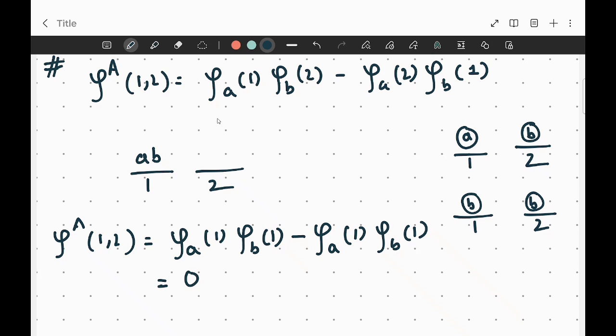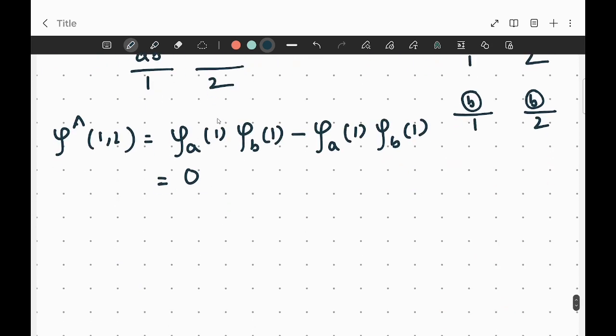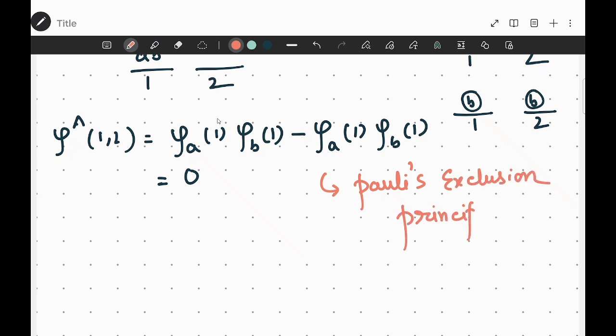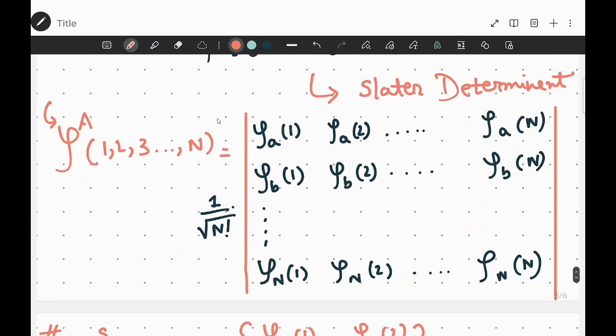This is the Pauli exclusion principle. Here also, from here you can think of this determinant thing.